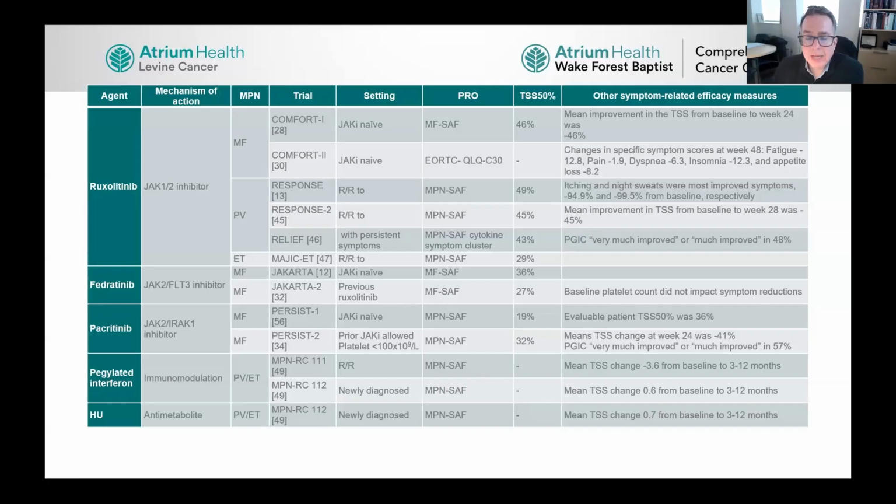The one thing I will caution patients: if anyone is looking at this and saying, oh wow, Jakafi has a higher TSS 50 than fedratinib or pacritinib, the reason you see these differences, and the reason it's always dangerous to compare across clinical trials, is that the types of patients that went on these trials are different.